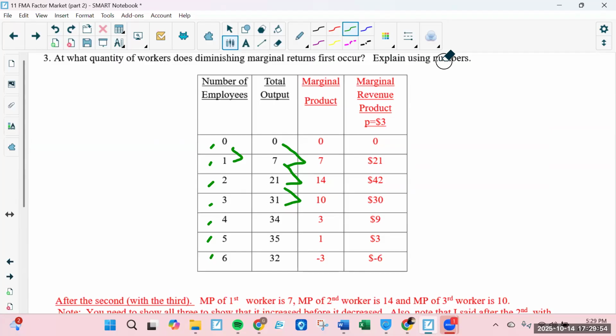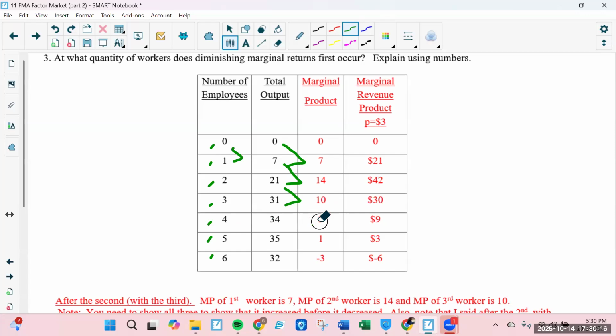This is very important that you do this right. You can't just say because marginal product went from 14 to 10. You have to tell them that it went from 7 to 14, so it was going up. Then it went from 14 to 10, because otherwise you could say the fourth worker, where it went from 10 to 3.